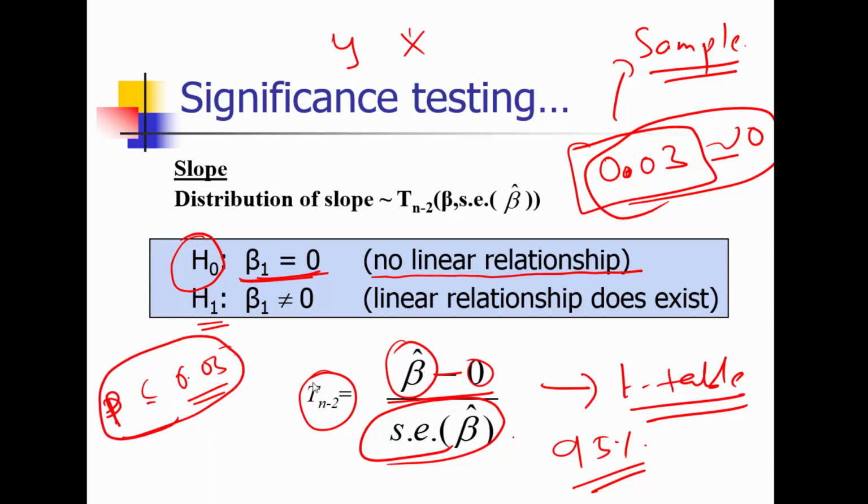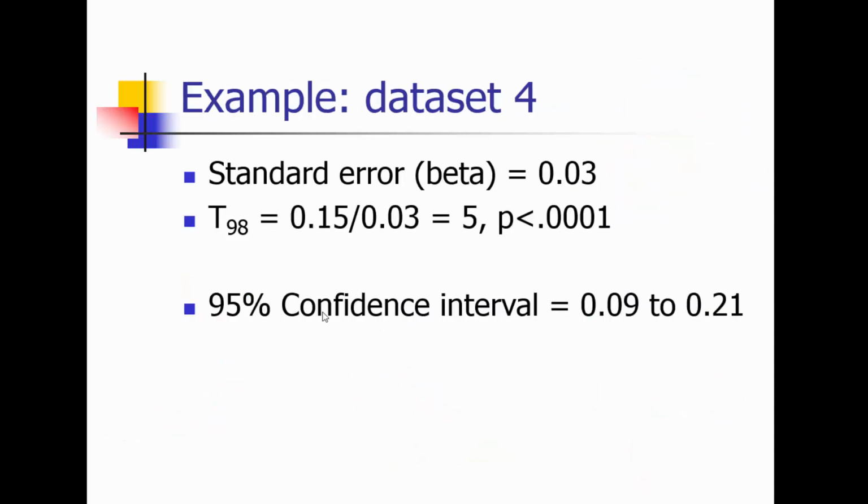That means you can go ahead with explaining the value. Otherwise it is close to 0, or it is 0 in fact. It might look non-zero, but statistically speaking that's as good as no relationship, hence it can be considered as 0. So if it is not significant, then we go ahead with the null hypothesis, which says that beta is 0. Otherwise we reject the null hypothesis and accept the alternate.